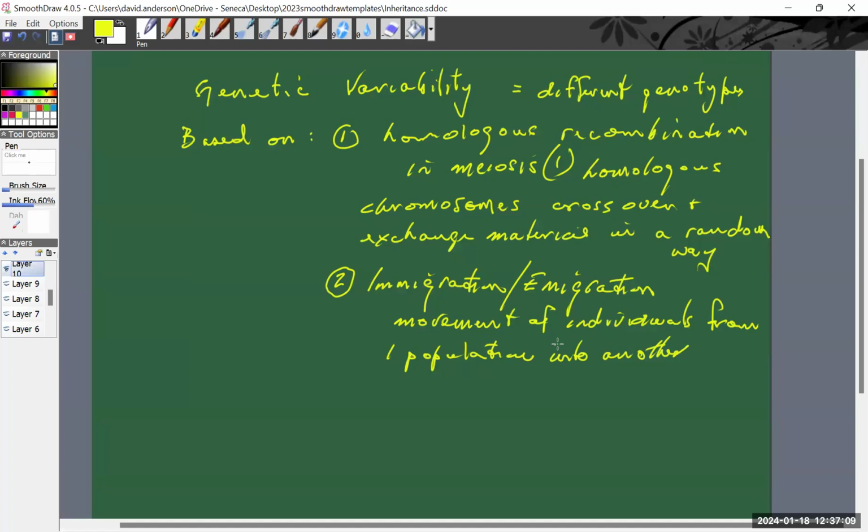So you're going to move from one part of the world to another part of the world, and that's going to create some genetic variability.